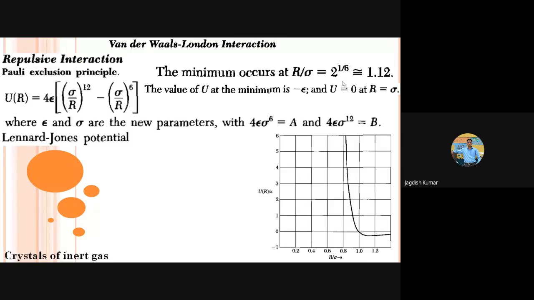You put r over sigma as 2 raised to the power 1/6, so this is 1 over 2 raised to the power 1/6 whole raised to the power 12, which is 1/4, minus 1/2. You simplify them, take 4 as an LCM, and rearrange. You should find that u at r equal to r naught comes out to be equal to minus epsilon.